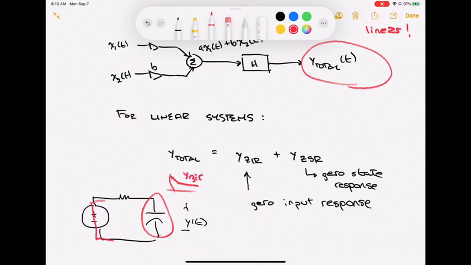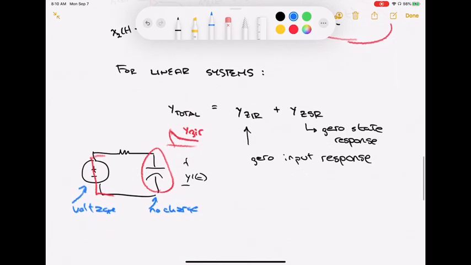It is an output in response to energy that was stored inside the system. I could also think about there being no charge on that capacitor. It just came out of the shop. We just plugged it into this circuit, and then I applied some voltage source. Maybe I put in a DC voltage, something like a 9-volt battery.